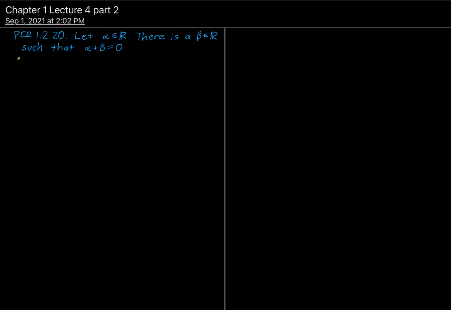So if alpha is the set of all rational numbers that are less than, let's say, 3, then beta we're going to write as the set of all rational numbers that are less than -3.